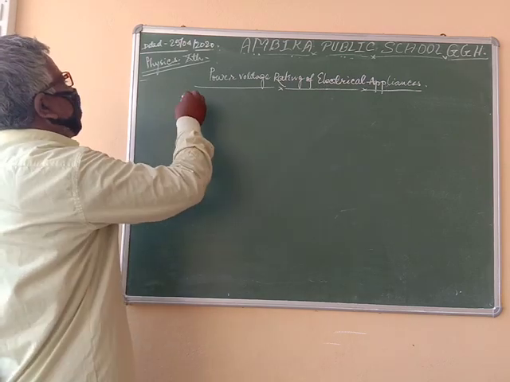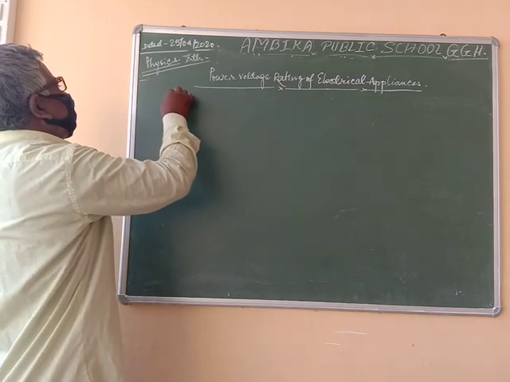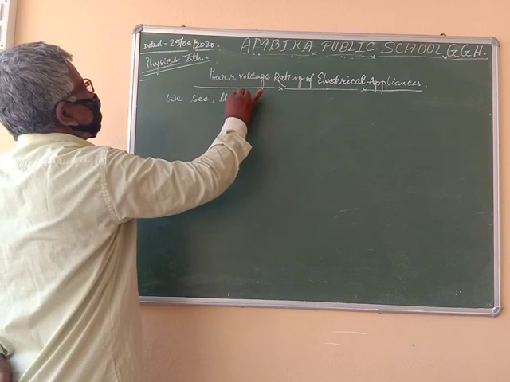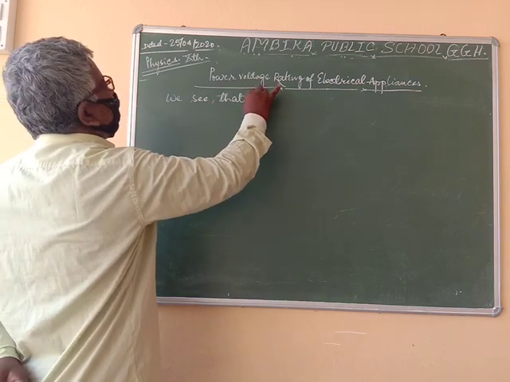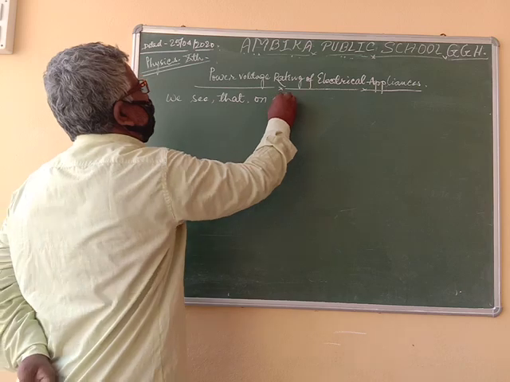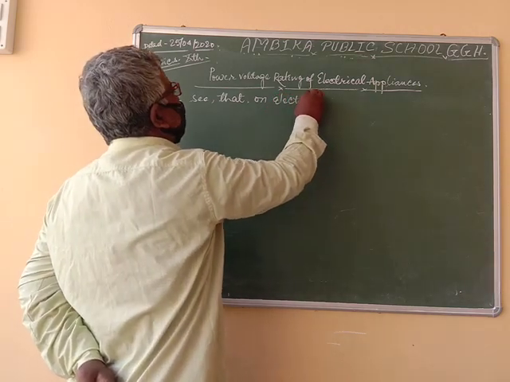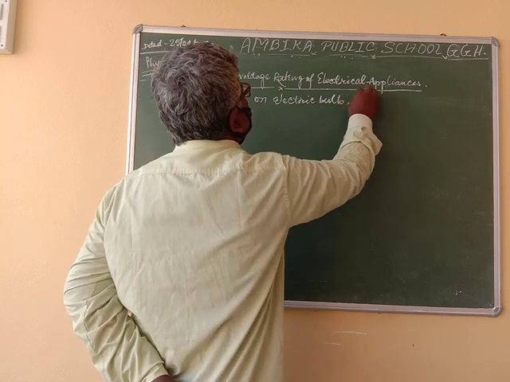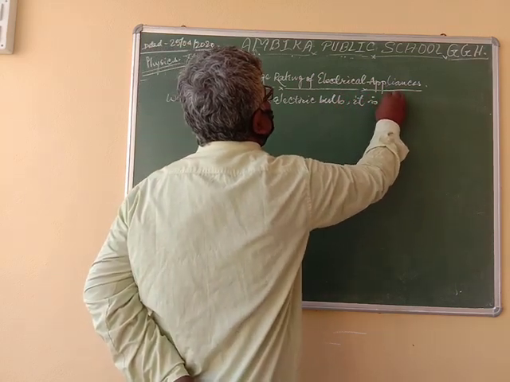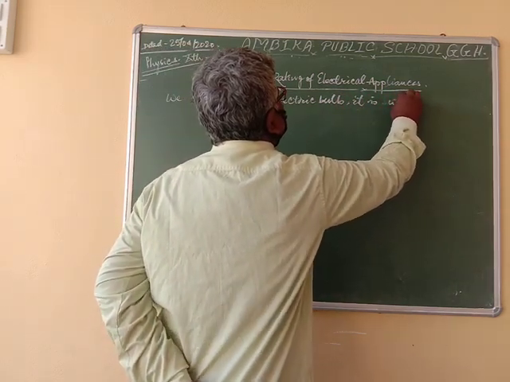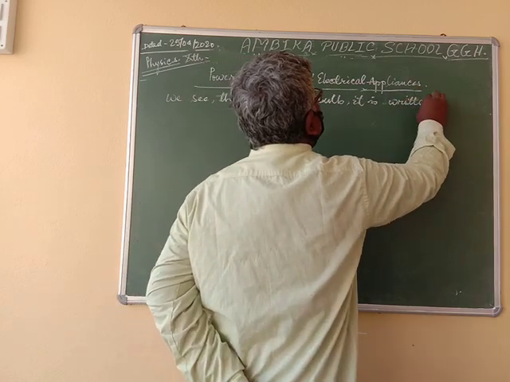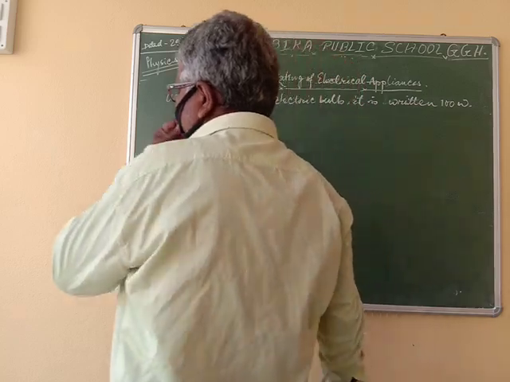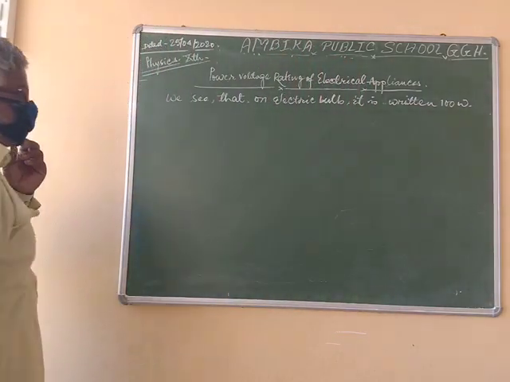Several times we see that on an electric bulb it is written 100 watt. What does it mean?